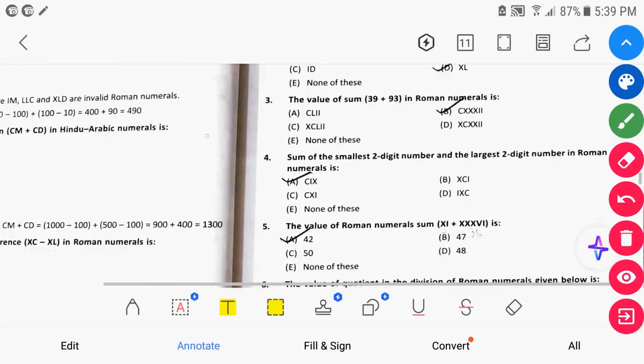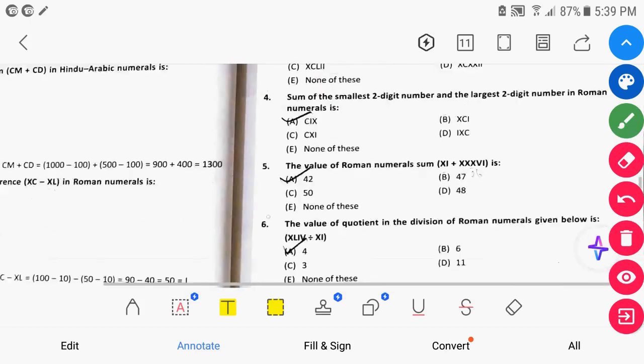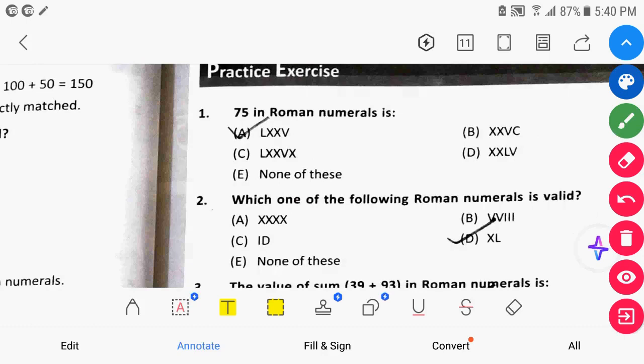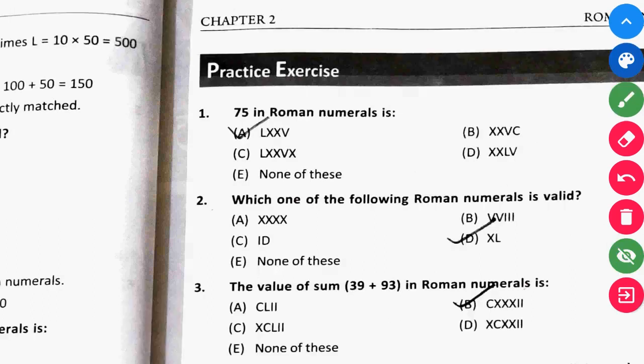Okay, now we'll move to the practice exercise. 75 in Roman numerals is written as... Now we must know what is meant by L. We cannot write X 5 times here, like in 20 and 30. 5 times X is represented by L, that is 50.